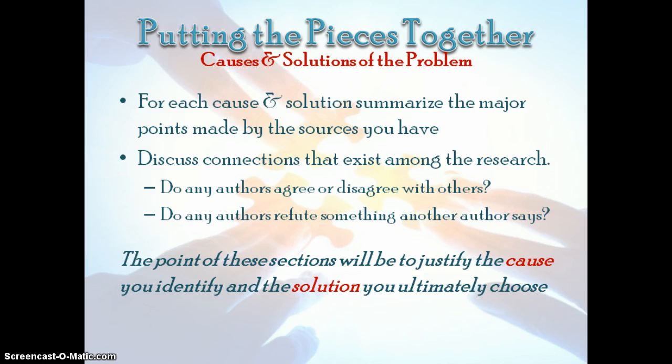So are there authors that agree together on the same cause? Are there authors who say that that's not a cause of the problem, and why? Does one author directly address another author and say that that author is incorrect or that that author is correct? Those might be things that you want to mention during your discussion of the conversation.